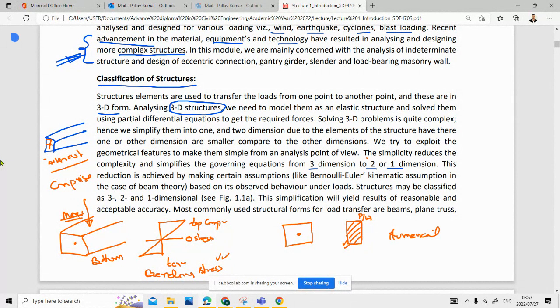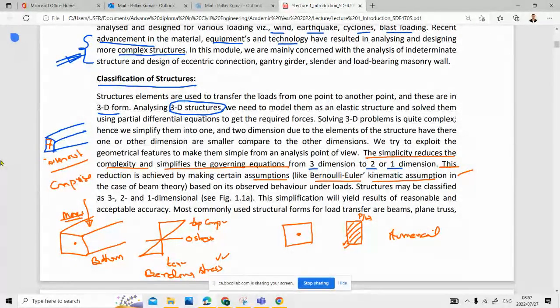If you read the statement, the simplicity reduces the complexity and simplifies the governing equation from 3 dimension to 2 dimension, or 1 dimension. And this reduction is achieved by making certain assumptions, like Bernoulli-Euler kinematic assumptions in the case of beam theory.